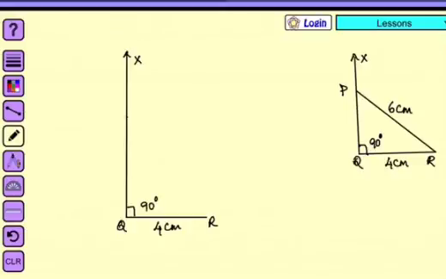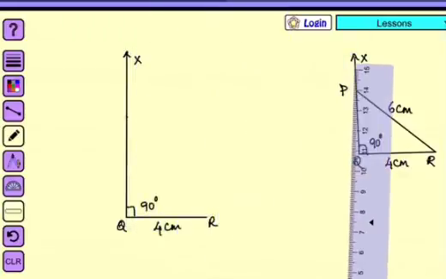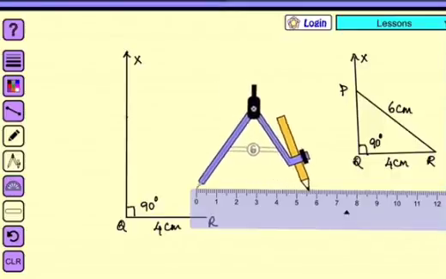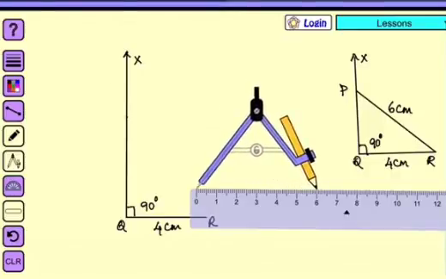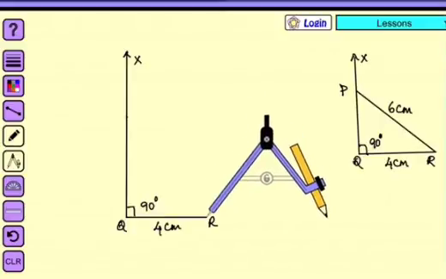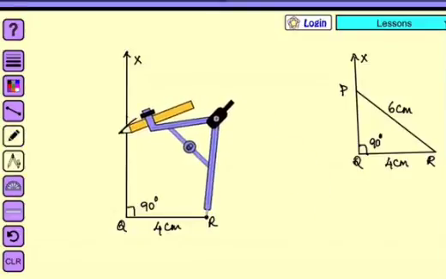Then for the third step, with R as center, draw an arc of radius 6 centimeters. So 6 centimeters is what we are supposed to take the measurement as. So keeping the pointed tip at 0, I will try to measure 6 centimeters. Now this measurement, I will have to keep it at R, then have an arc drawn on QX.